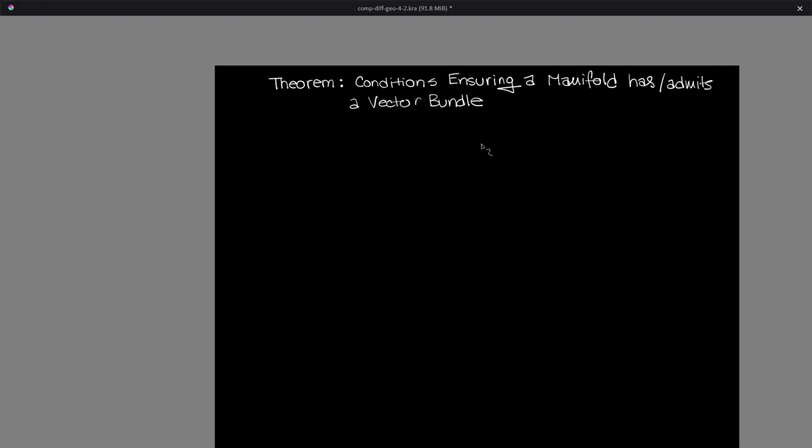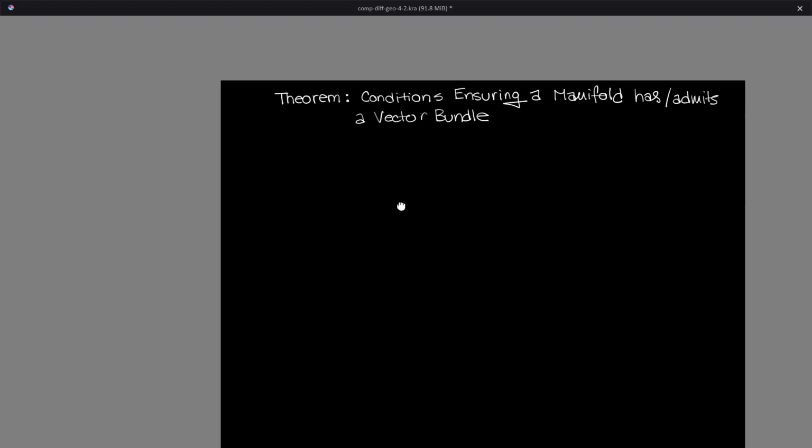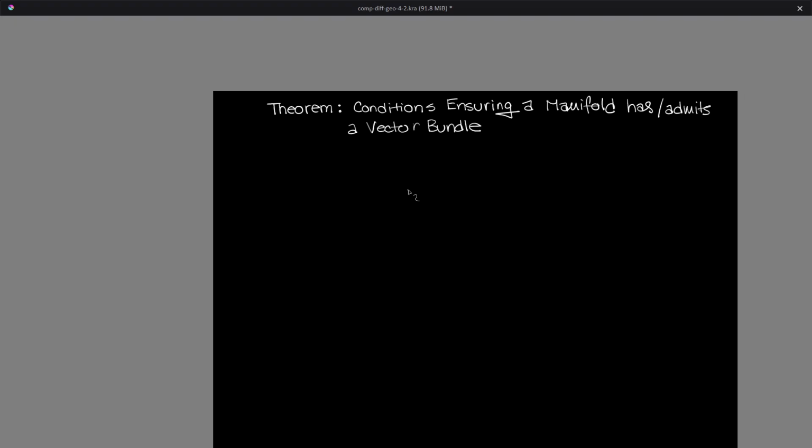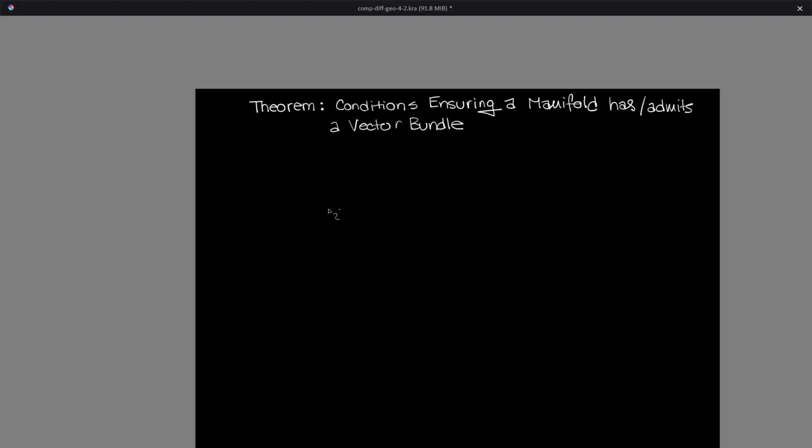So the claim of this theorem is that given that we have a manifold with a certain set of conditions, we are guaranteed to be able to construct a vector bundle on it. Or we are guaranteed to have a vector bundle on it, and we're going to show that we do by construction. Okay, so let's look at the statement of this theorem.